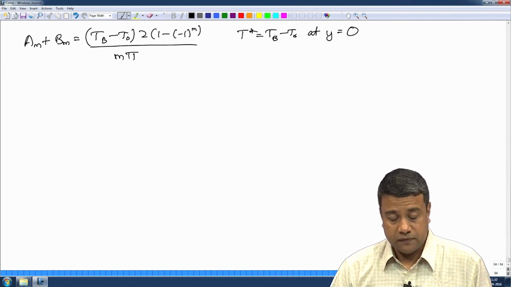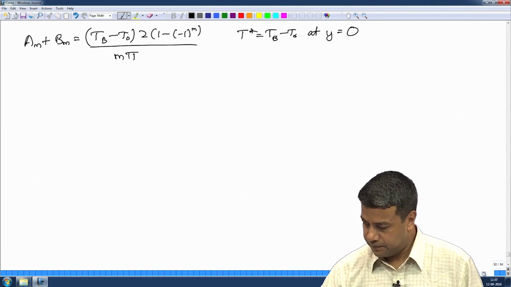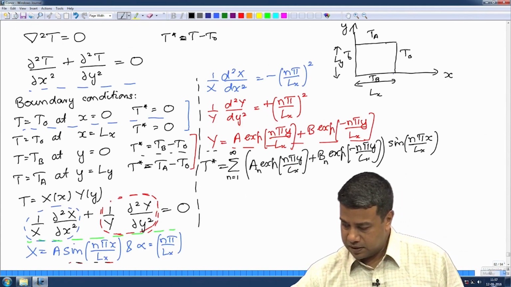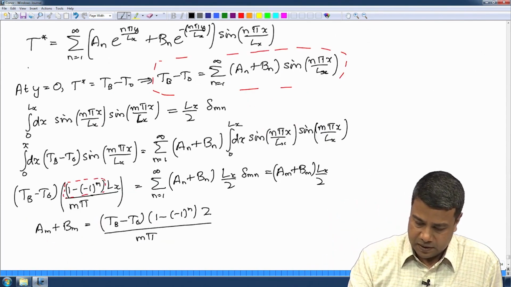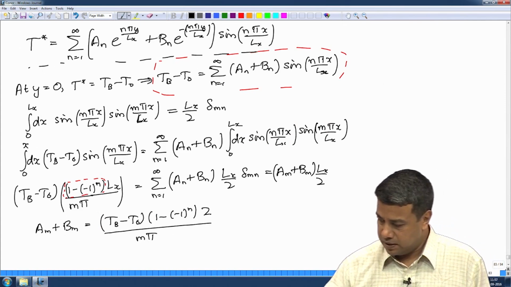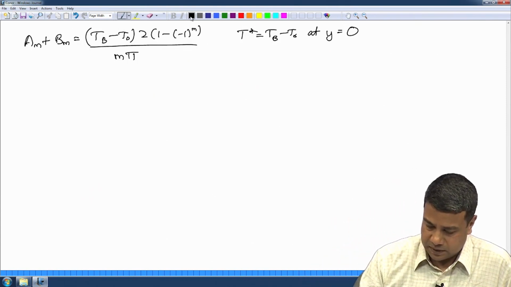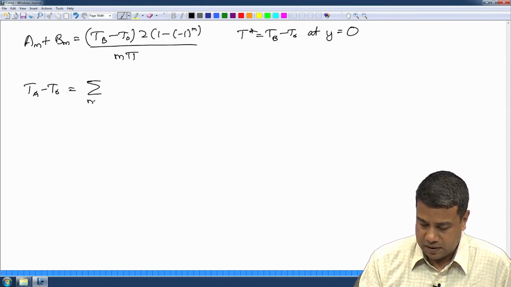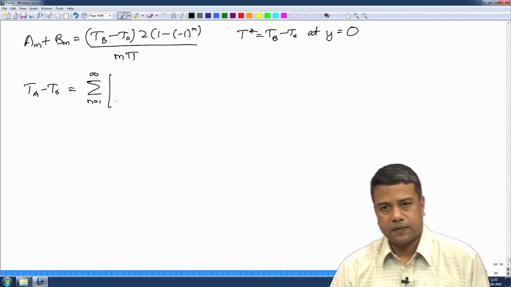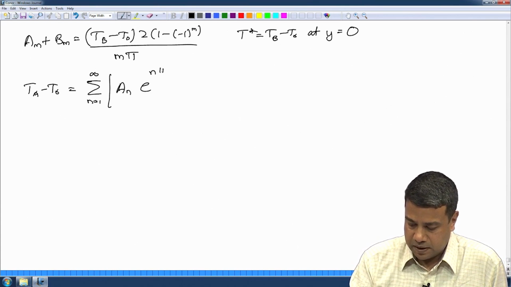I have one more boundary condition, the boundary condition at y is equal to Ly. So, I have to impose this boundary condition at y is equal to Ly, and if I do that, what I will get is Ta minus T naught is equal to summation n is equal to 1 to infinity of An times e power n pi Ly by Lx, because this is at y is equal to Ly.